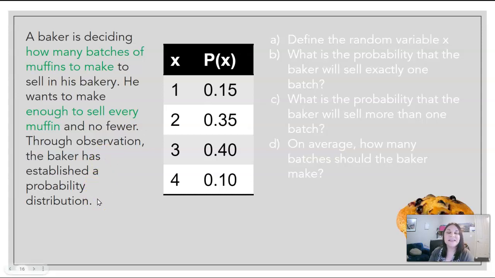You don't know how many days he is considering, but what you can tell is, if he makes either 1, 2, 3, or 4 batches, the percentage of days where he sold all 4, where he sold 3 out of 4, where he sold 2 out of 4, and where he sold just 1.